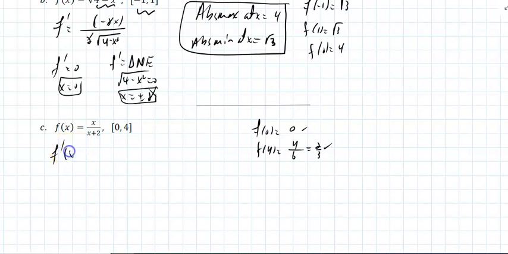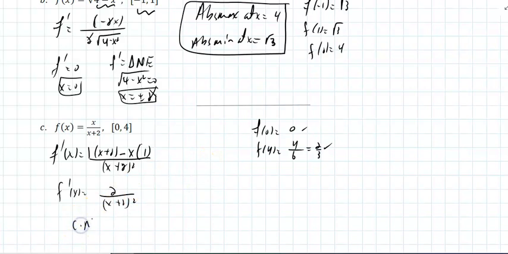If I take f prime of x, derivative of the top times the bottom, minus the top times derivative of the bottom, all over the denominator squared, that's the quotient rule. F prime of x would equal, x minus x cancels out, that's a 2 over (x plus 2) squared. So f prime cannot equal 0, but f prime does not exist when x equals negative 2. Is negative 2 in that interval?